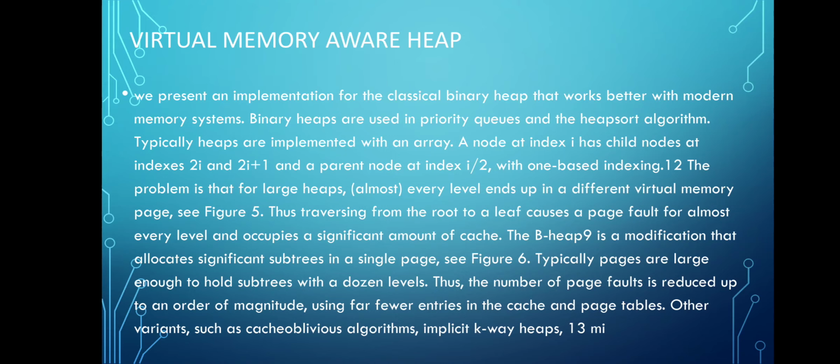A node at index i has child nodes at indexes 2i and 2i plus 1, and a parent node at index i/2. With one based indexing, the problem is that for large heaps, almost every level ends up in a different virtual memory page. Traversing from the root to a leaf causes a page fault for almost every level and occupies a significant amount of cache.